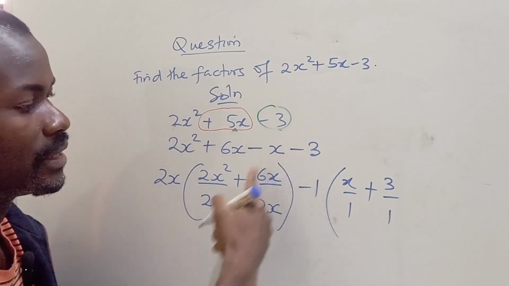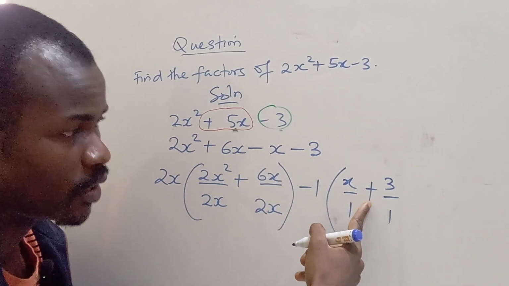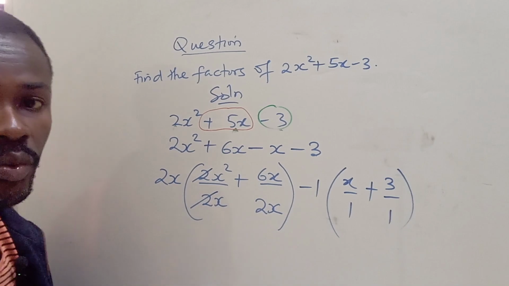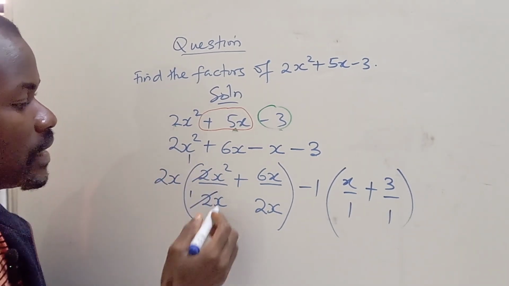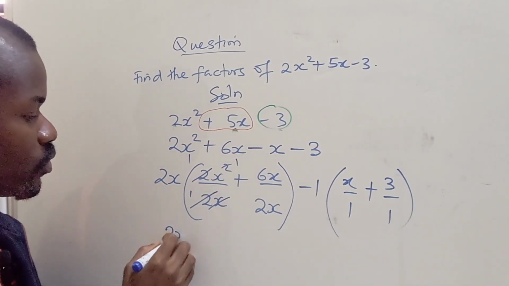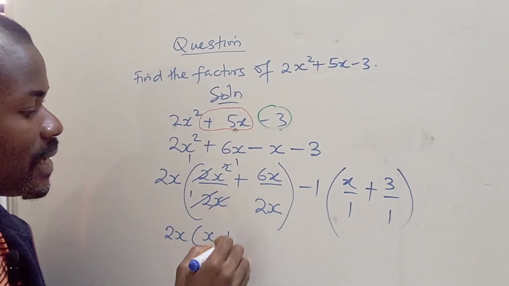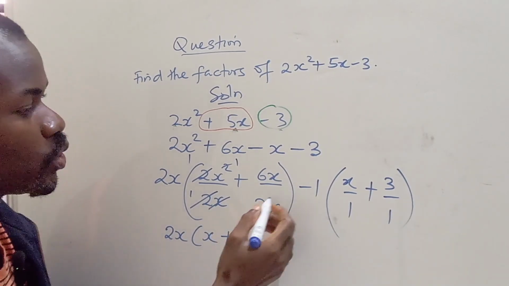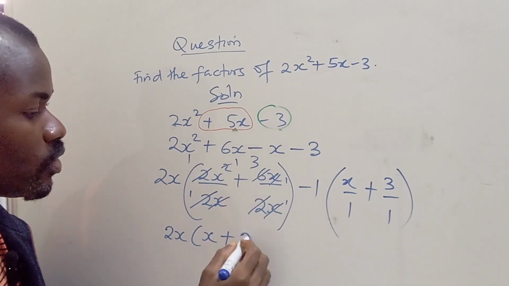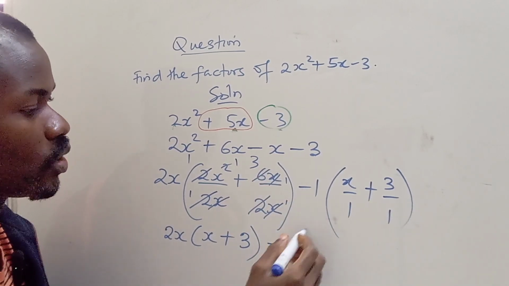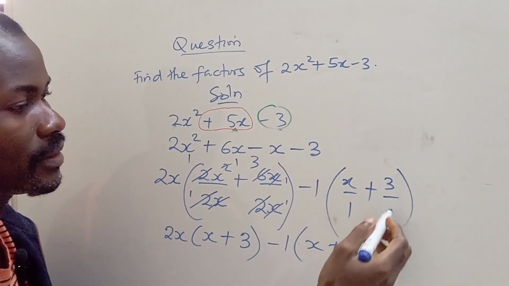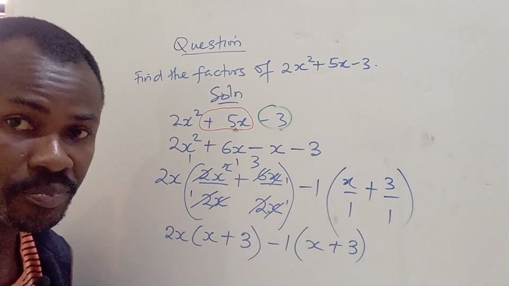So you have to take note: these two signs must be the same when you're factorizing. So 2 cancels 2, x cancels x, and we are left with 2x multiplied by x plus, 2 cancels into 6 giving 3, x cancels x, so we are left with just 3. So we have minus 1 into x plus 3.